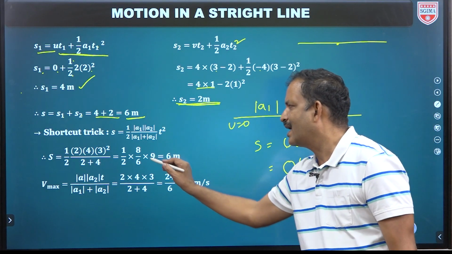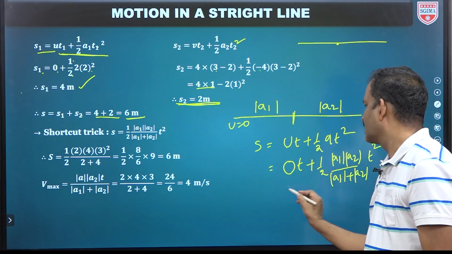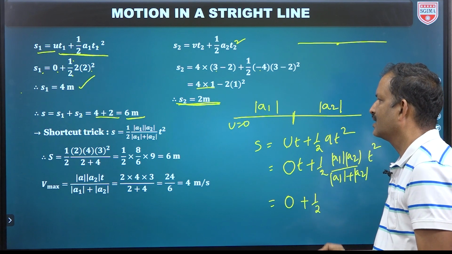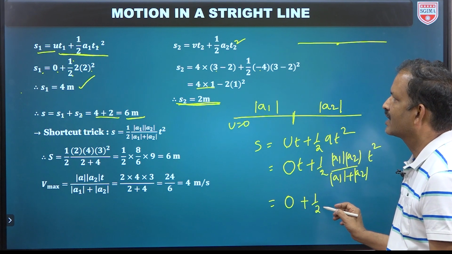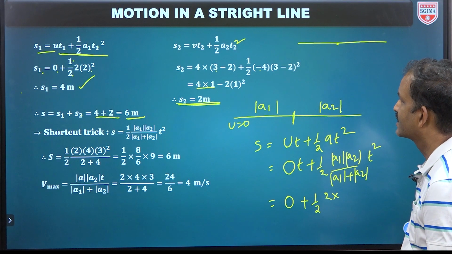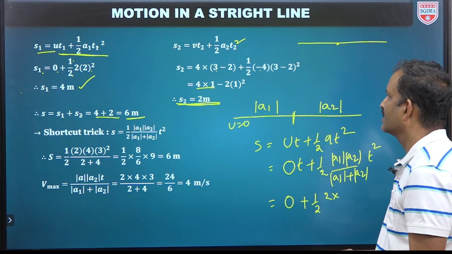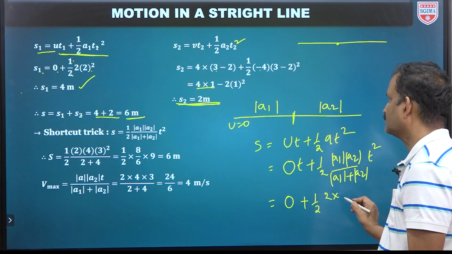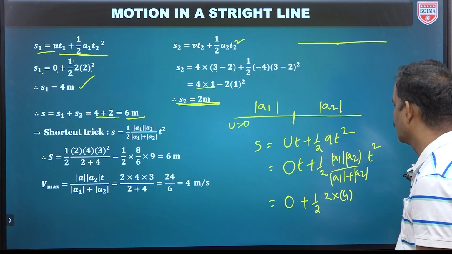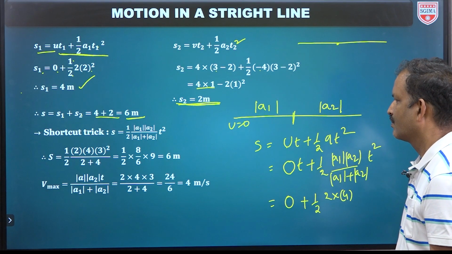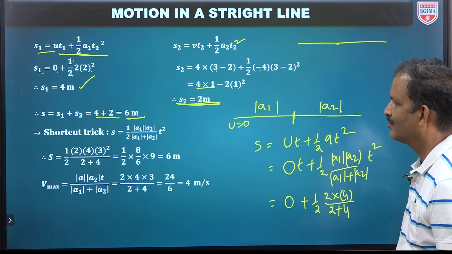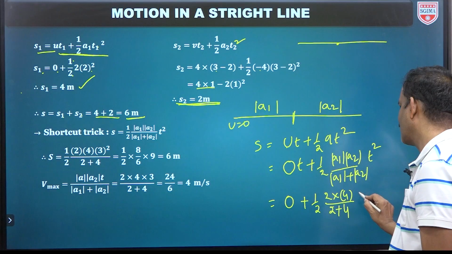Directly, you will get s is 0 plus half of a1 a2 by a1 plus a2 into t squared. a1 is 2, a2 is 4, so 4 by 2 plus 4 into the total time.